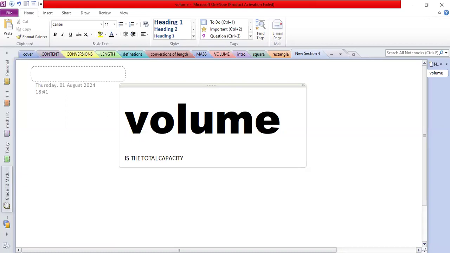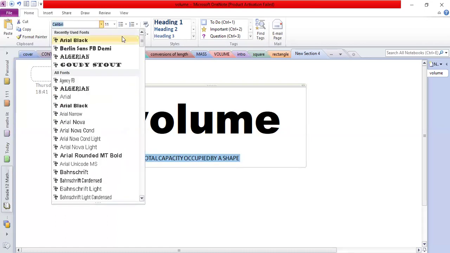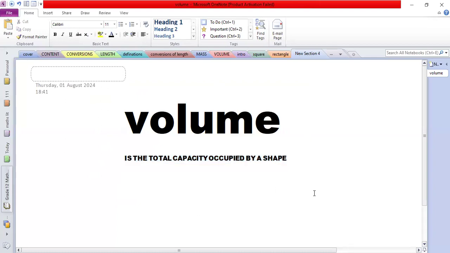It's the total capacity occupied by a shape, or the total distance occupied by a shape, whatever, but it has to be occupied by a shape. Let me enlarge my definition so that everyone could see it. Volume is the capacity occupied by a shape. That's my definition of volume.